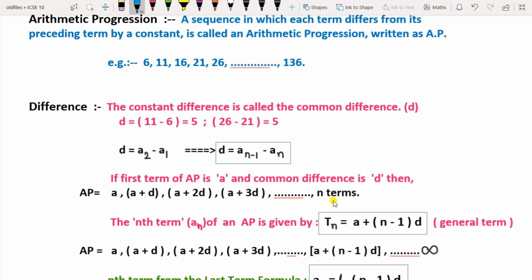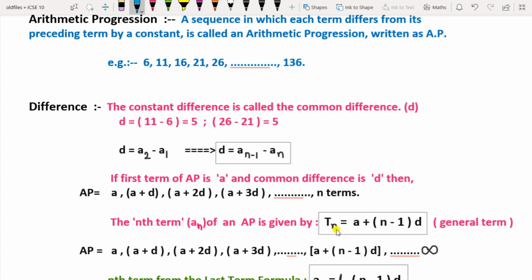To find the last term there are two formulas. The nth term, which is denoted as an or also Tn, is given by the formula Tn equals a plus (n minus 1)d. That is the general formula to find the nth term, which can be any term. It may be the 25th term or 30th term or 50th term.